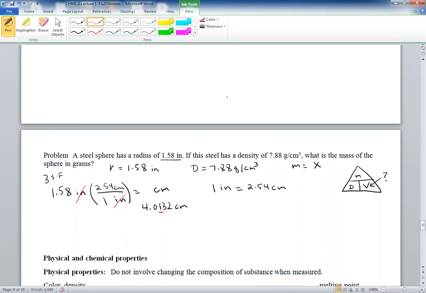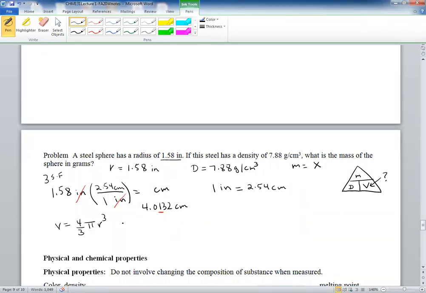How do I calculate the volume of a sphere? Now, you don't have to memorize these formulas. I can give them to you on the test, but the volume of a sphere is 4/3 pi r cubed, or the radius.